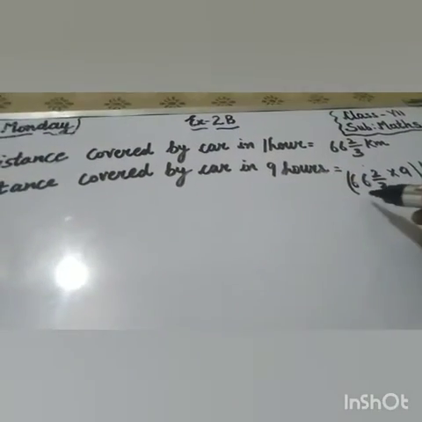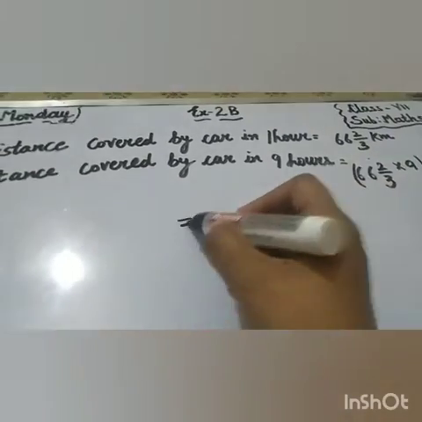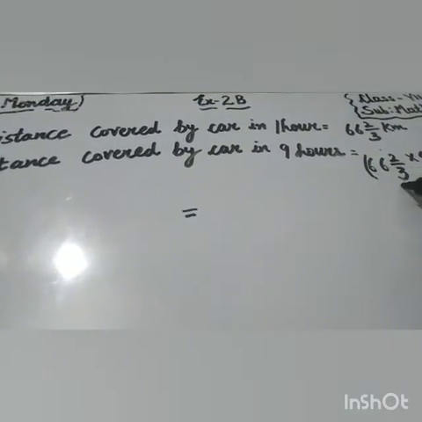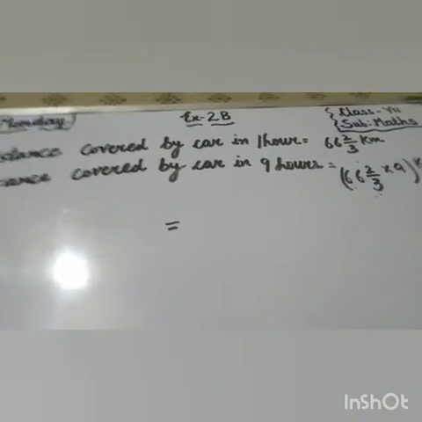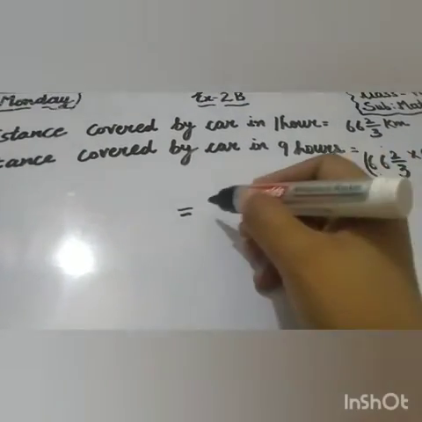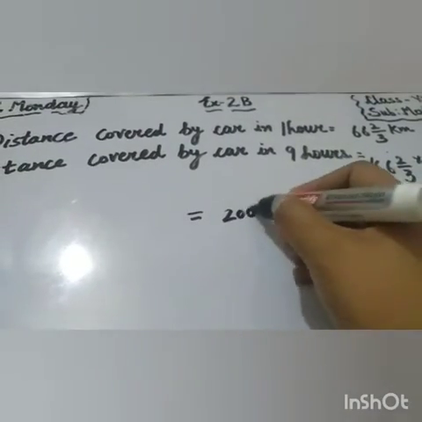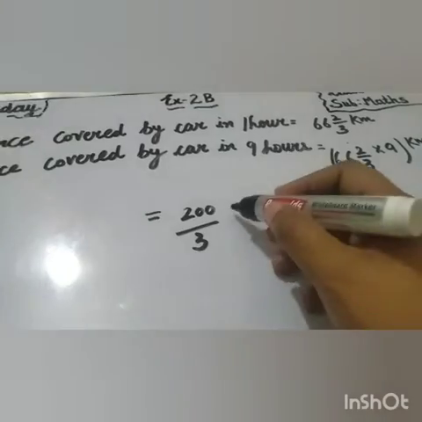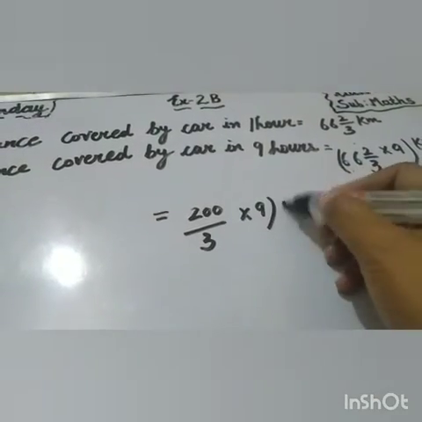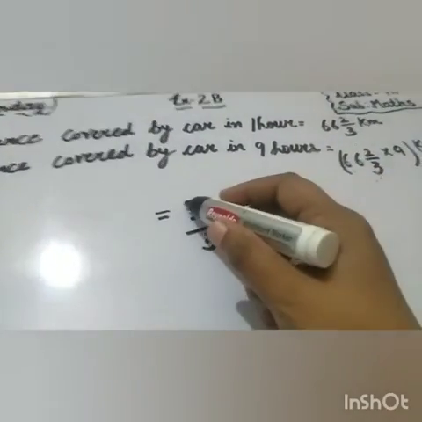Okay bache, now this is a mixed fraction. So firstly you have to change it: 66 multiply by 3 is 198, 198 plus 2 is equal to 200. So 200 by 3 multiply by 9 kilometer.